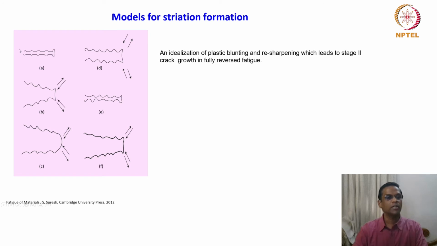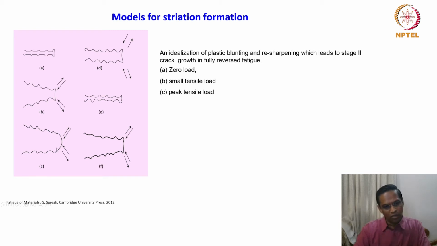So what is shown here is A. Suppose you consider the crack like this, at zero load. And if a small tensile load is applied, then the crack opens up. This is the small tensile load, and then the moment it reaches the peak tensile load, what you have to observe is crack blunting.